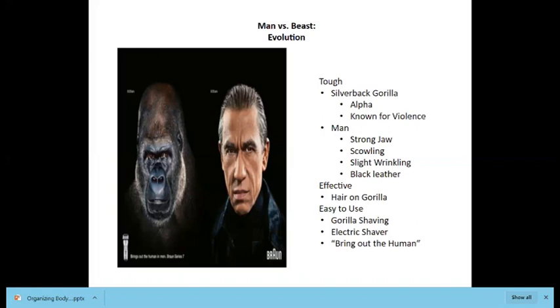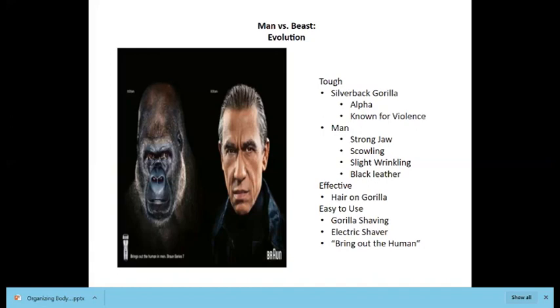So if you carry through that idea of this gorilla as a knuckle dragger, as a giant monkey, as not being terribly smart, and yet the gorilla in this image we are encouraged to believe has used this razor to transform himself into a man.